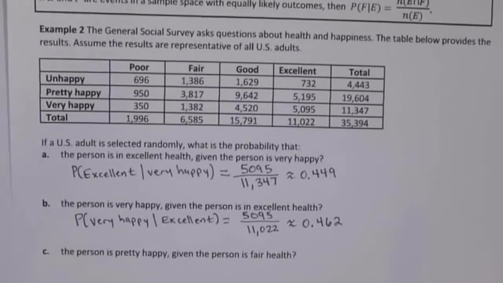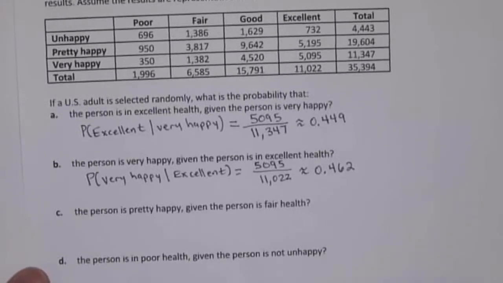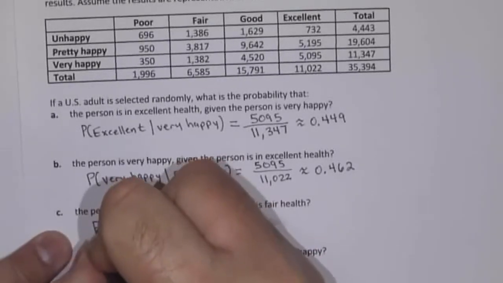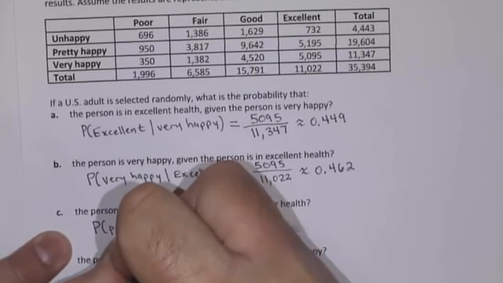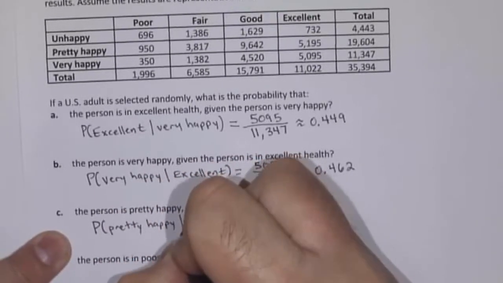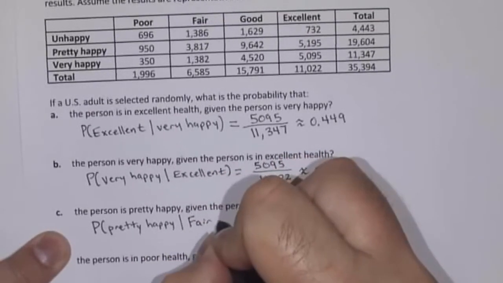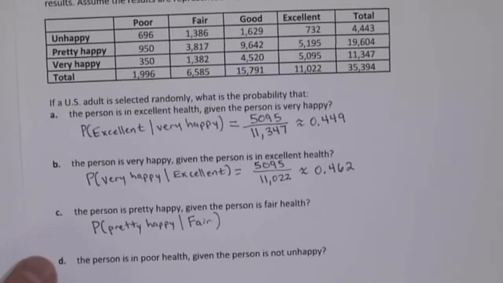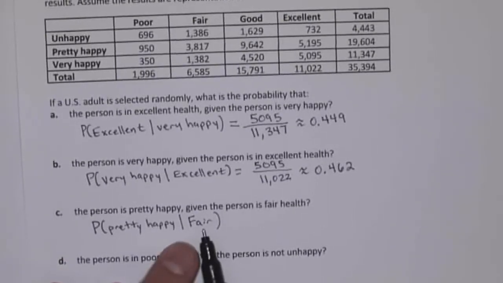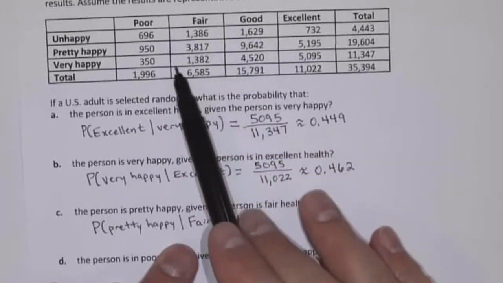Let's take a look at part C. Part C, we want to know what's the probability the person is pretty happy given that the person's in fair health. So probability of pretty happy given that they're in fair health. We're given that they're in fair health, which means we're only interested in the individuals in that category.